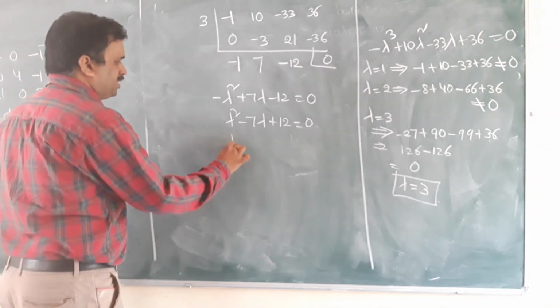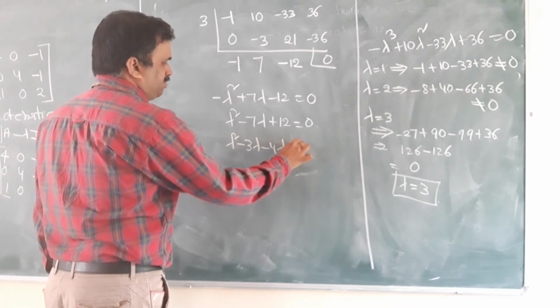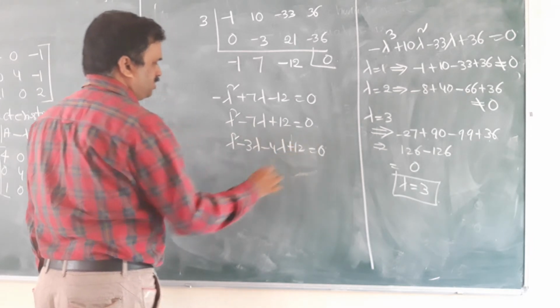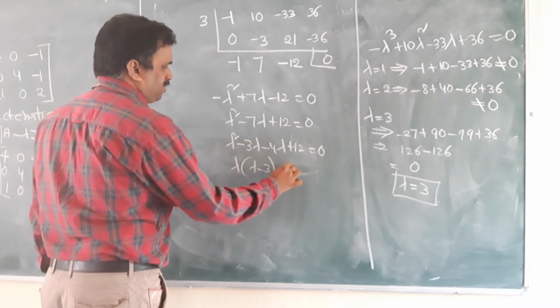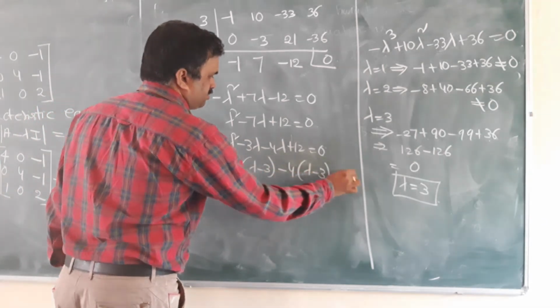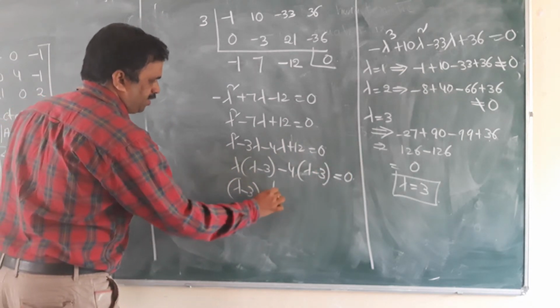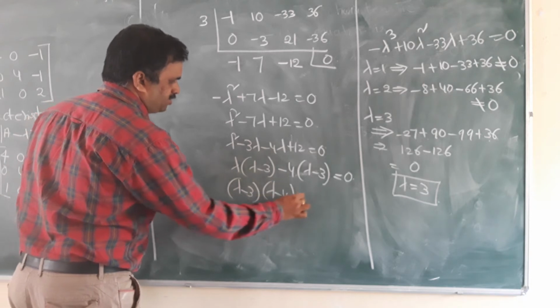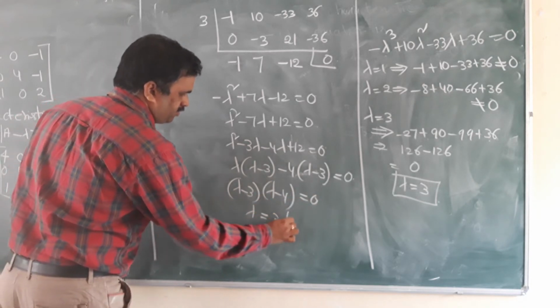So lambda square minus 3 lambda minus 4 lambda plus 12 equal to 0. Take lambda common, lambda minus 3, take minus 4 common, lambda minus 3 equal to 0. So lambda minus 3 times lambda minus 4 equal to 0. So lambda is equal to 3, 4.